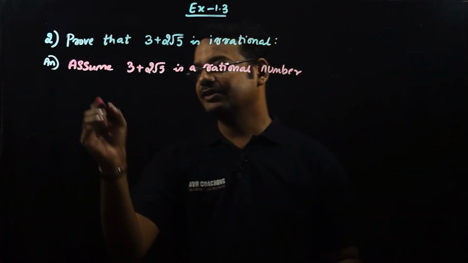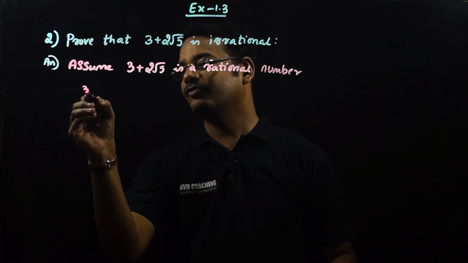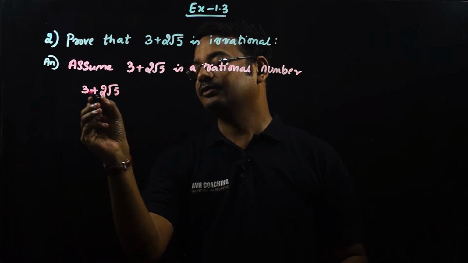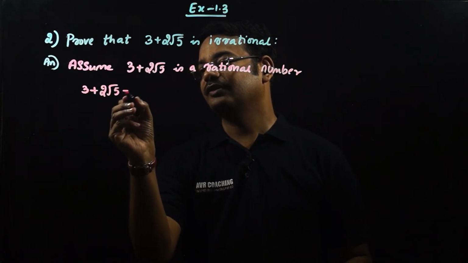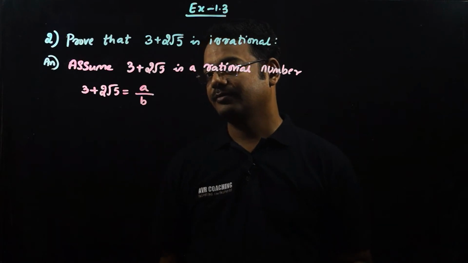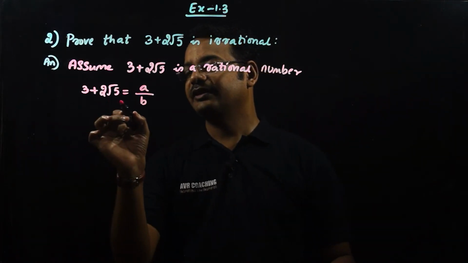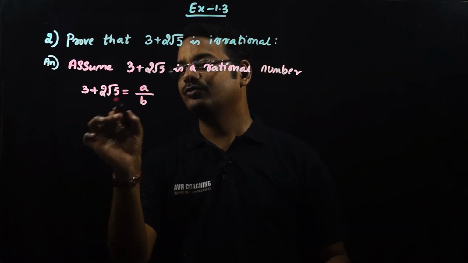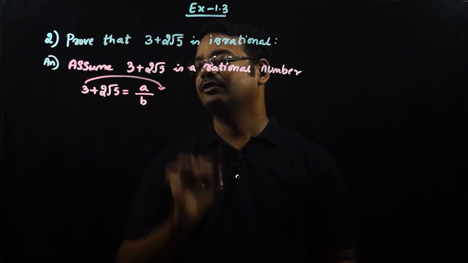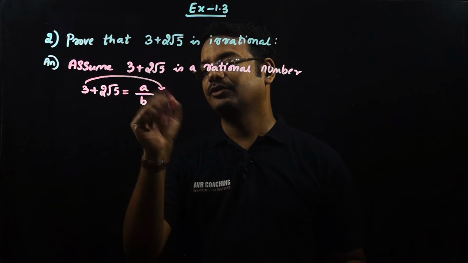So if it is a rational number, it can be represented in the form of p by q. So that is 3 plus 2 root 5 is equal to a by b. Now what we do is we take the root value to the left and shift the constant natural number to the right side.